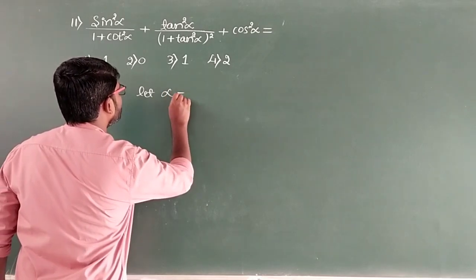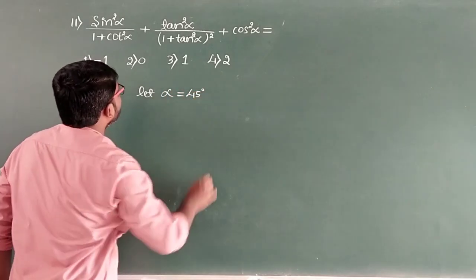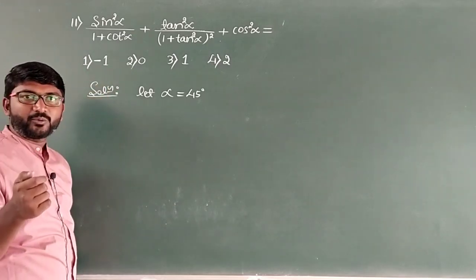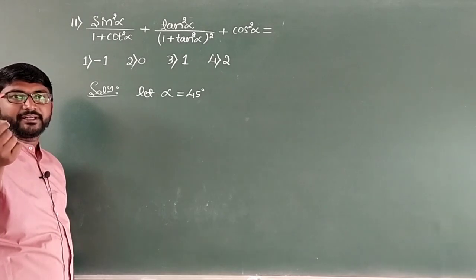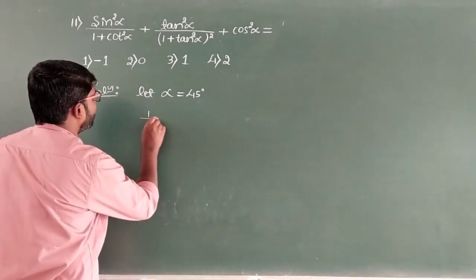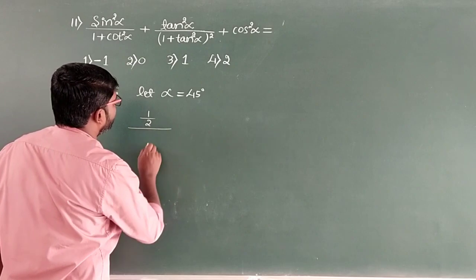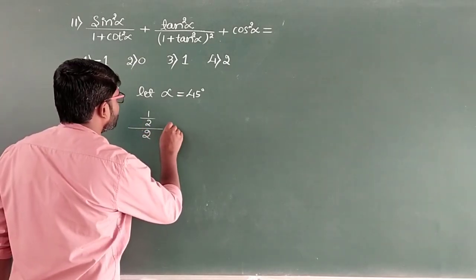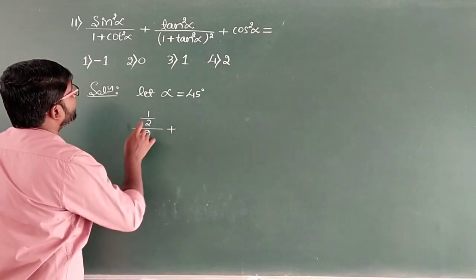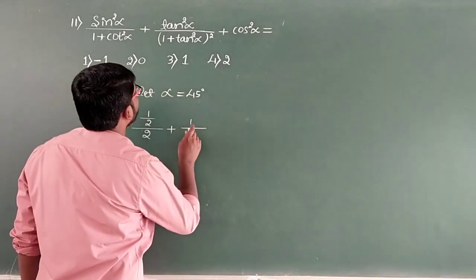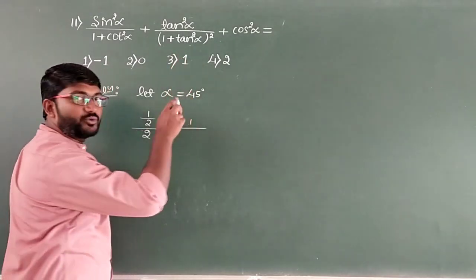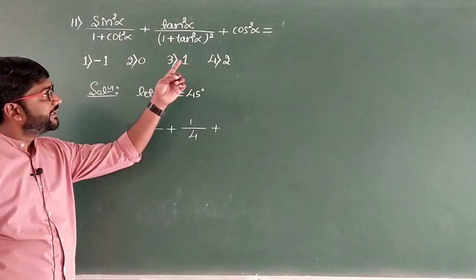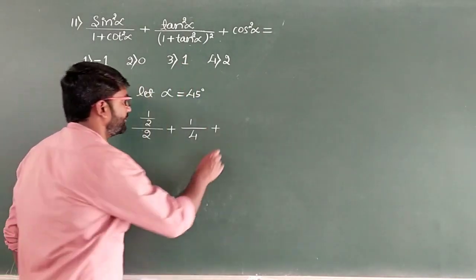Let alpha equal 45 degree, then simplify this now. Sin square 45 degrees, sin 45 is 1 by root 2, so sin square 45 degree will be 1 by 2. So we get 1 by 2, then whole divided by 1 plus 1, which is 2, then plus, on this side we get 1 divided by 1 plus 1, which is 2, 2 square is 4, then plus cos square 45 degree, which is 1 by 2.